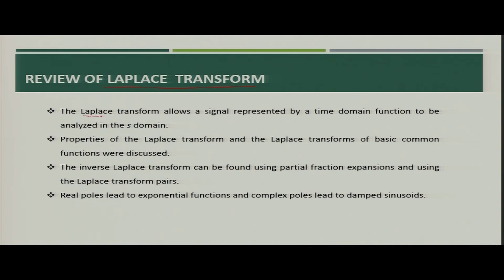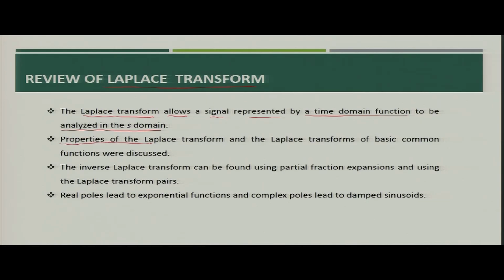Basically, the Laplace transform allows a signal represented by a time domain function to be analyzed in the S domain. If you have a signal with some function in the time domain, it can be represented in the S domain for analysis.